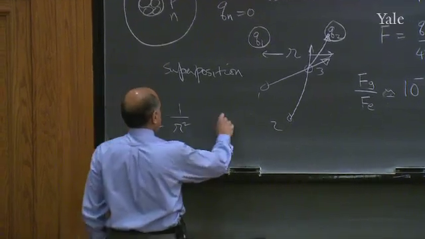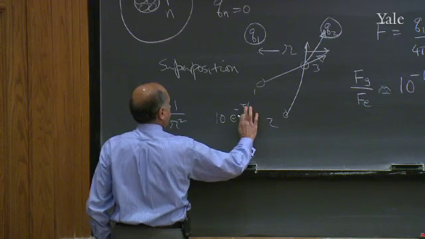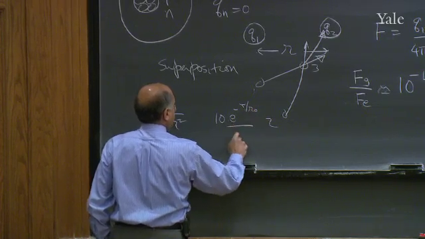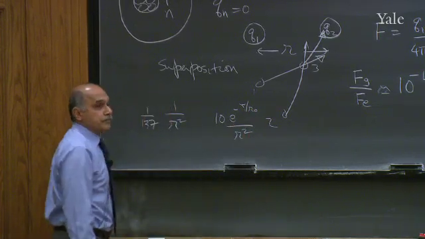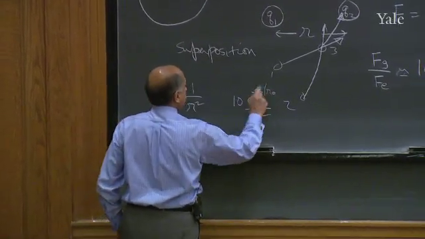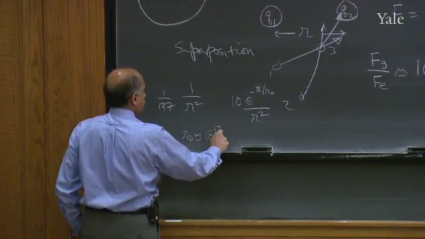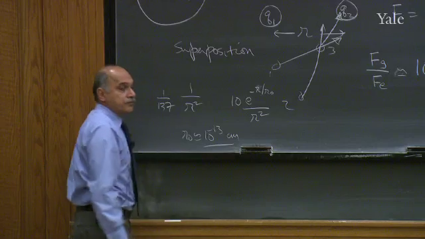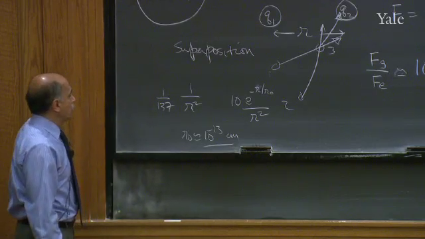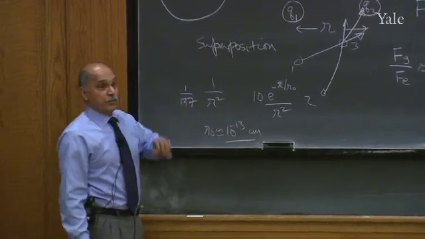Other function looks like 10 times e to the minus r over r naught divided by r squared. R naught is some length, and the length is roughly 10 to the minus 13 centimeters, or 10 to the minus 15 meters. Which force are you more impressed with is the question, okay?